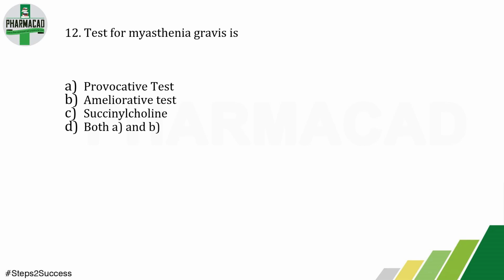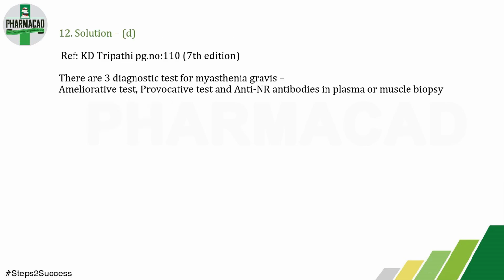Next question: test for myasthenia gravis is. The options are provocative test, ameliorative test, succinylcholine, or option D, both A and B. You can refer to this page number for a detailed explanation.